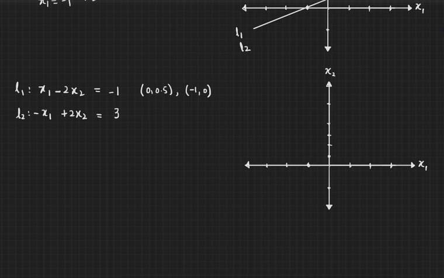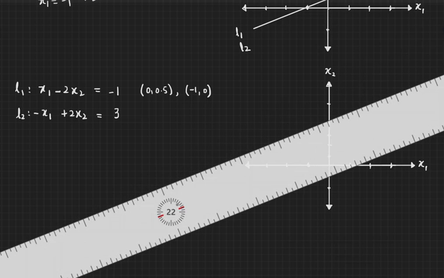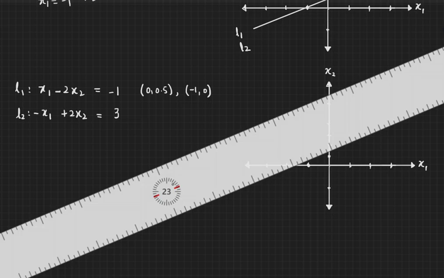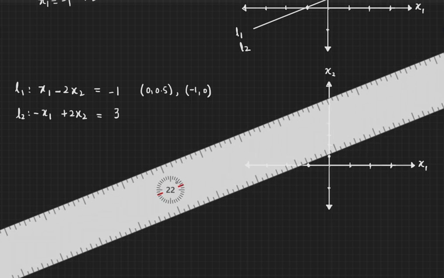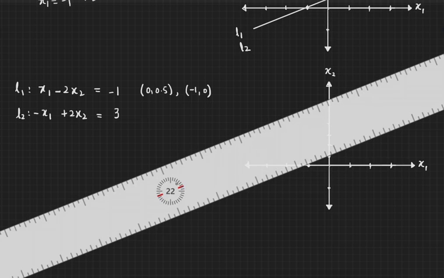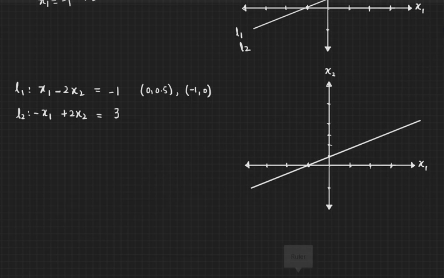Let's join them together and extend it on both sides to get the required straight line L1. Then, in order to find the straight line of the linear equation minus x1 plus 2x2 equals 3, we need at least 2 points.